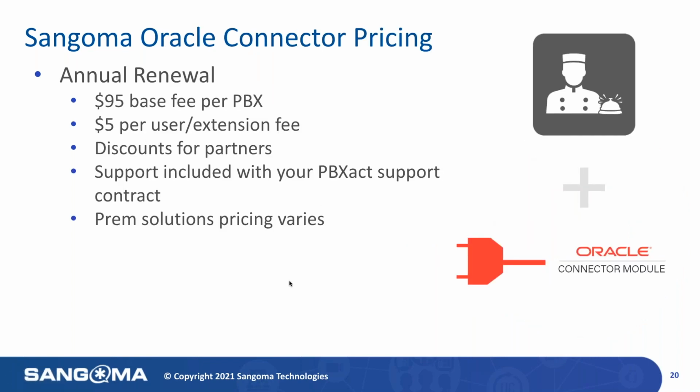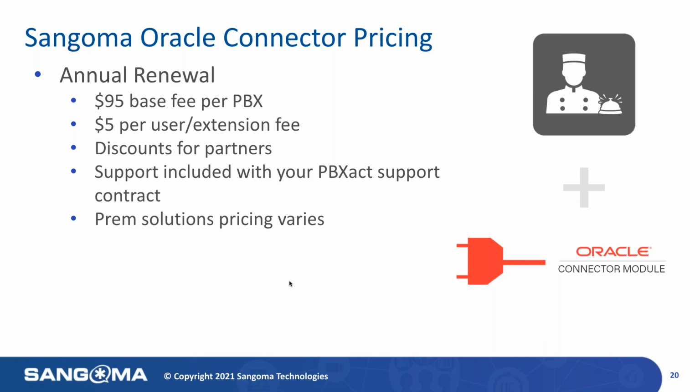All right, let's chat about pricing. So with PBXact, it's a software-only product, right? So pricing for PBXact software is essentially going to be $95 base fee for the PBX itself, plus a $5 user or extension fee for every room that you have.